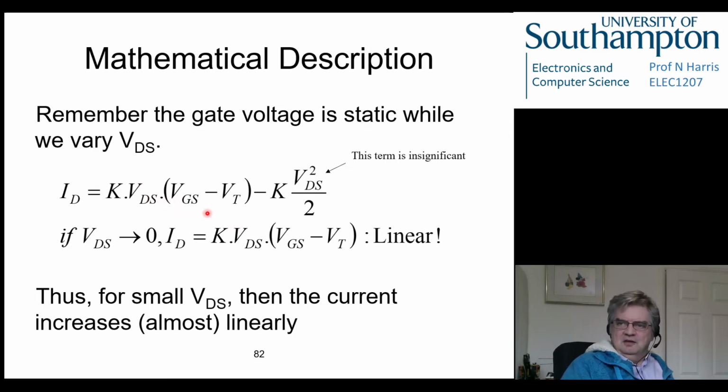So we can say that at the bottom of the curve, for very small values of VDS, this quadratic equation is effectively a linear equation, because the square term is a very small value when VDS is small. That's what happens with small values when you square them; they get very small. Big values, you square them, they get much bigger.